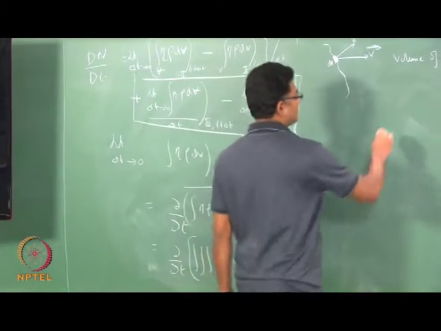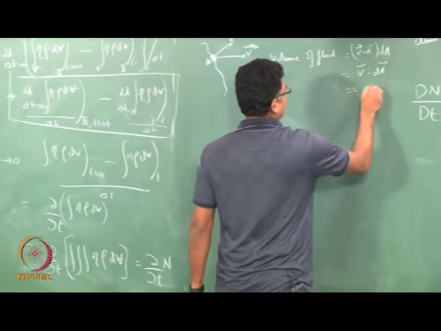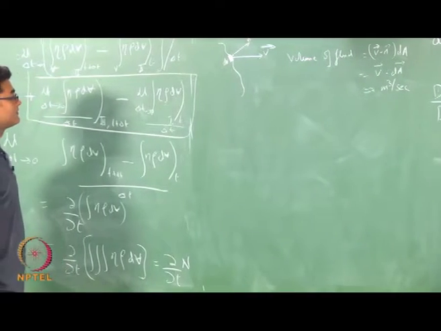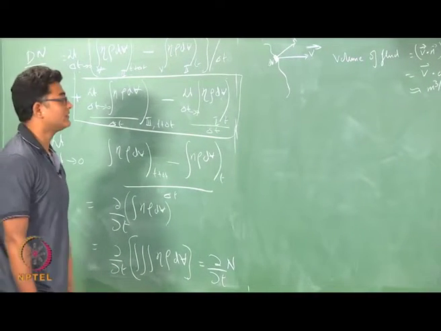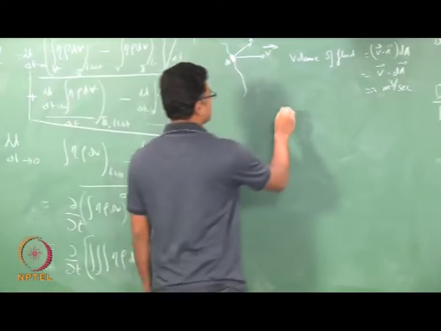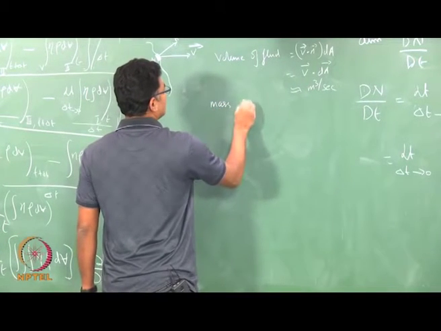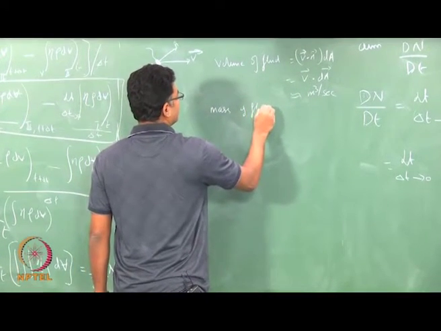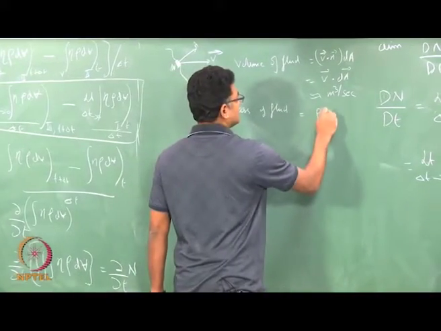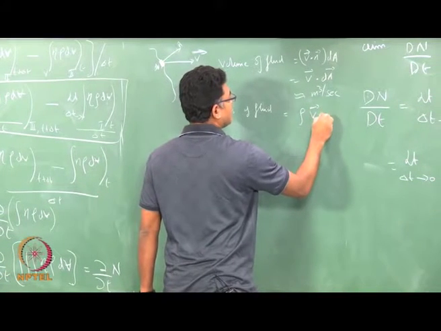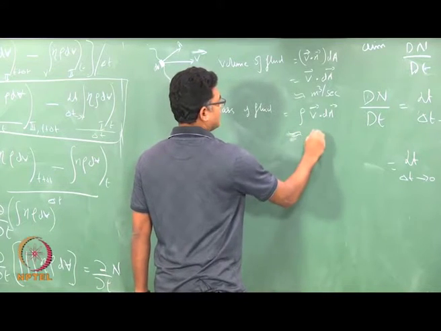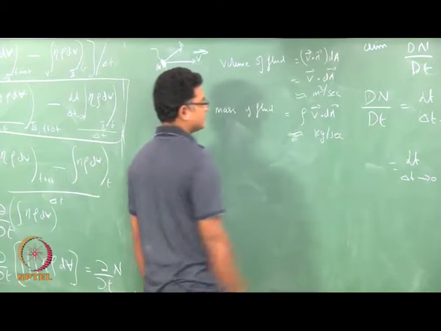The unit of this is meter cube per second, the volume flow rate that is coming out. So, the mass that is coming out of the small area dA is just this quantity multiplied by your density, which would be kg per second.